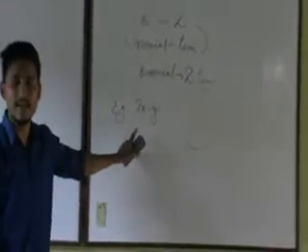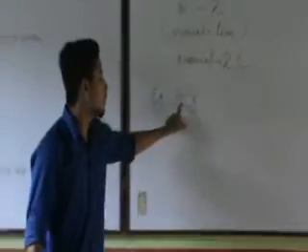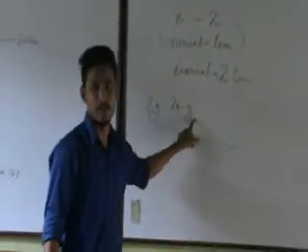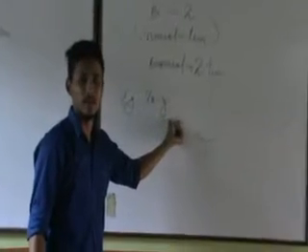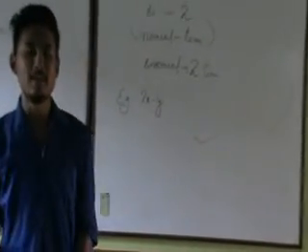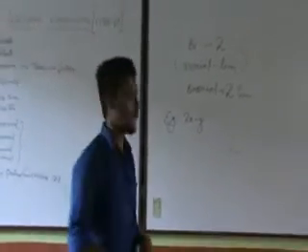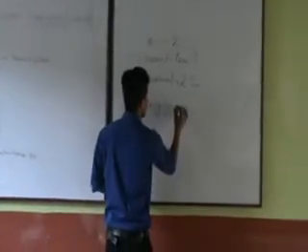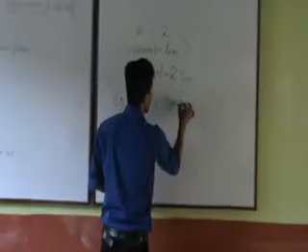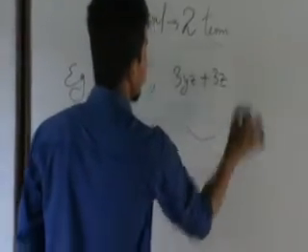Clear? This is an expression and you have two terms here: 2x and minus y. Another example is 3yz plus 3z, anything like this. This is also a binomial.